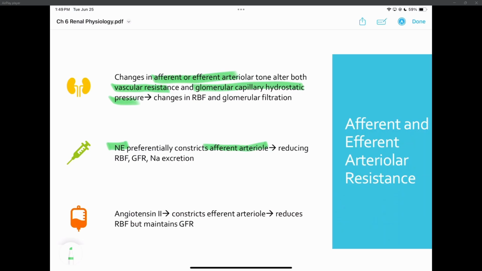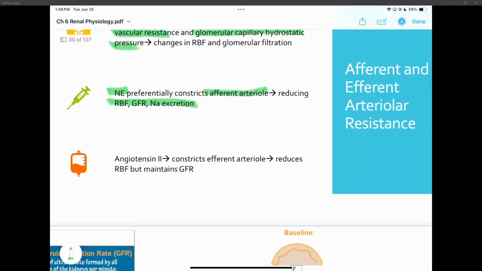So norepinephrine, we're going to reduce renal blood flow, GFR, and our sodium excretion, because less blood is going to the kidneys. Therefore, everything gets reduced. Angiotensin II constricts the efferent arterioles. So this is after the Bowman space.